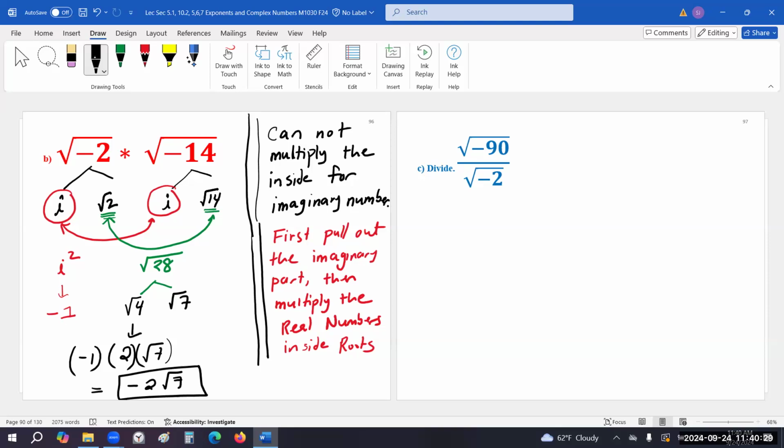I bet, Alexis, you got the answer positive 2 square root of 7. Right? That's what I was saying. If you multiply the two inside, the answer will be positive. But in reality, the answer is not positive. It's negative.